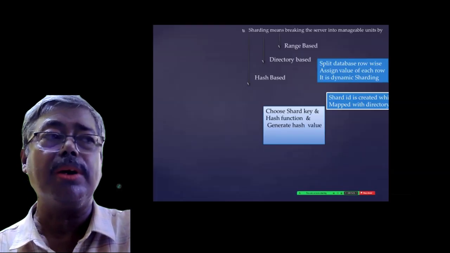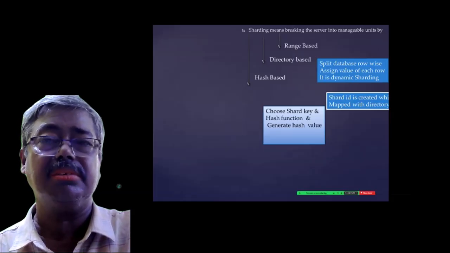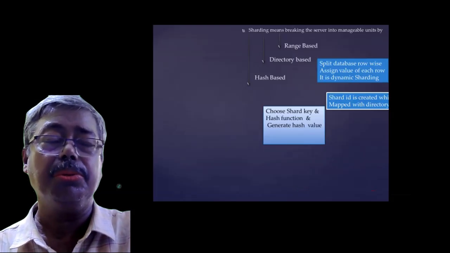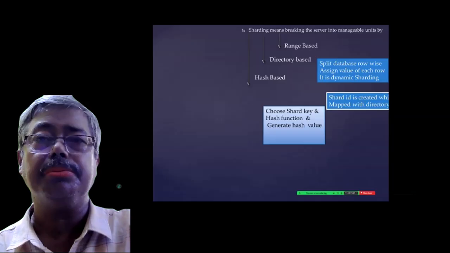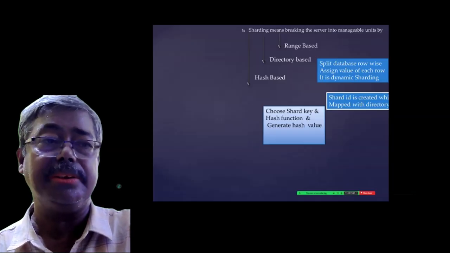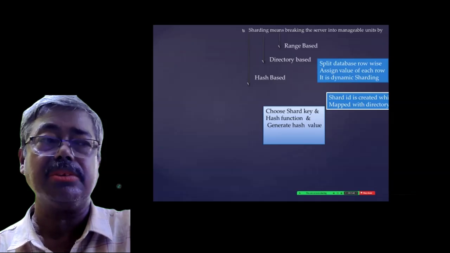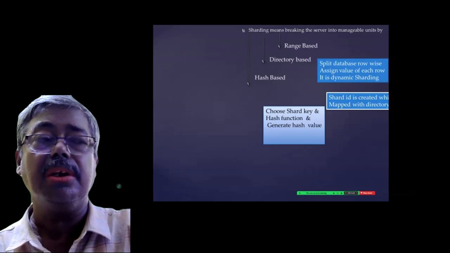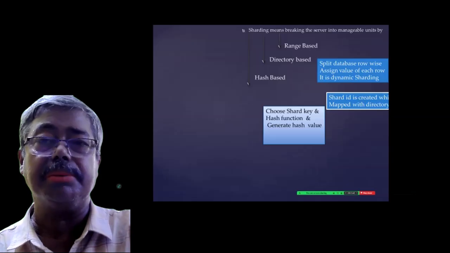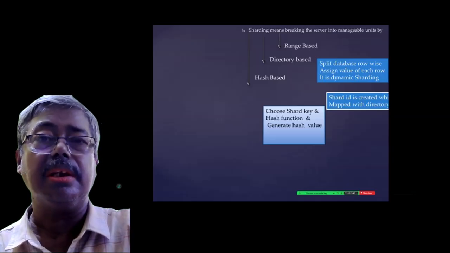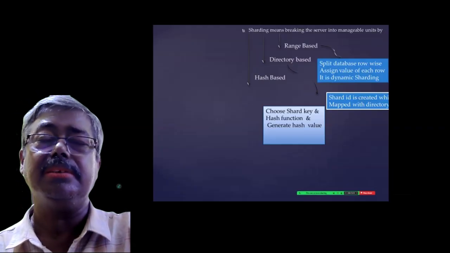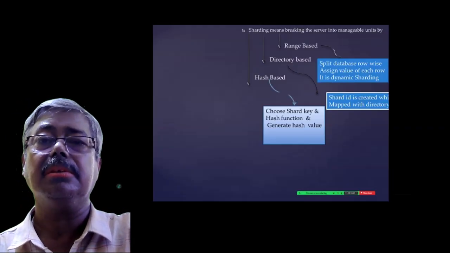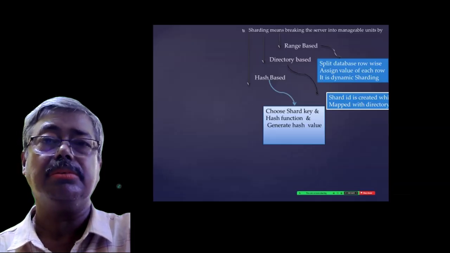Range-based is when data is directed range-wise. Directory-based is when the directory is mapped to the shard ID and also to the primary key ID at the end, and a table subset is created and shifted to the location. Lastly, hash-based: a hash function is generated, and each hash function is a mapping function.